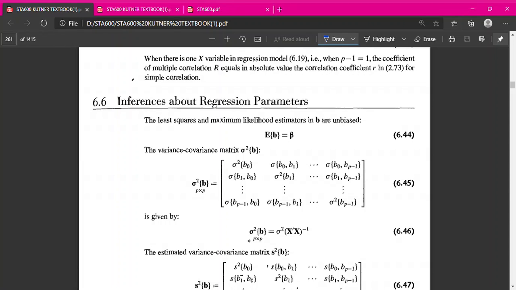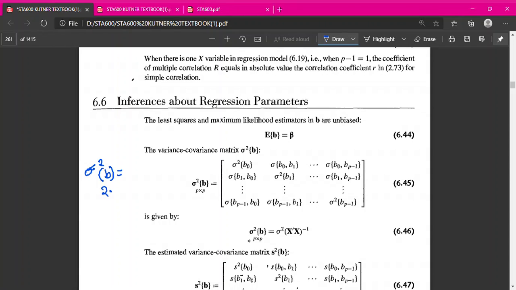Previously, when we dealt with a simple linear regression, the variance-covariance matrix will be 2 by 2, right?